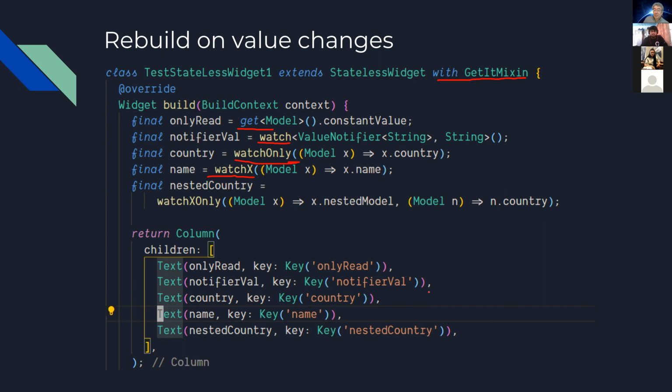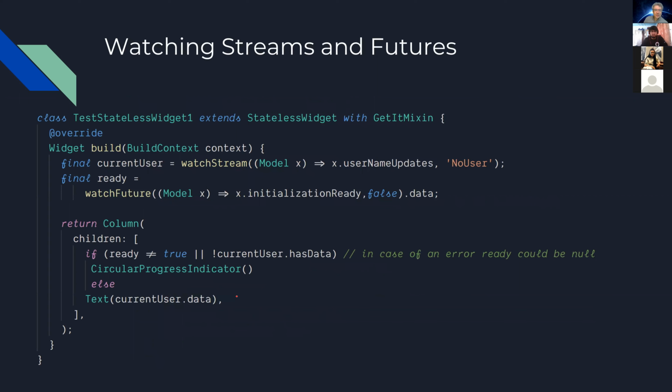The same is true if you have a stream or a future: you need a StreamBuilder or a FutureBuilder. With the getIt mixin, we can now use the watchStream method, which will get the latest value of the stream and trigger a rebuild of your widget the moment a new value is emitted by the stream.